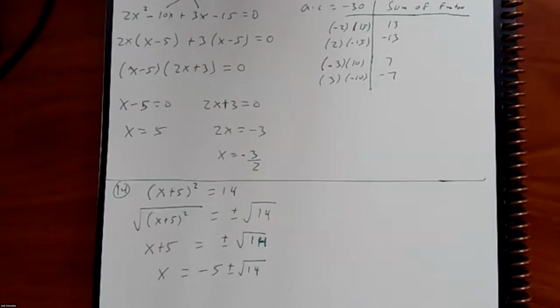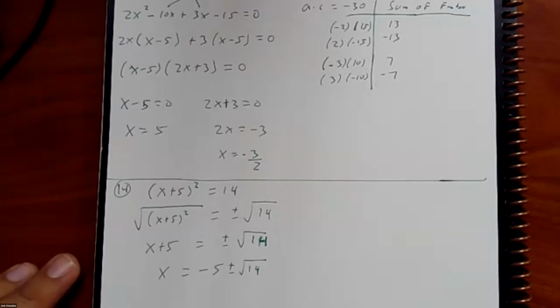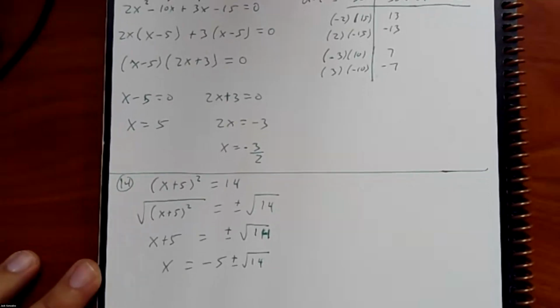Okay. So the next method says use completing the square. So I'm assuming you guys are cool on 14.